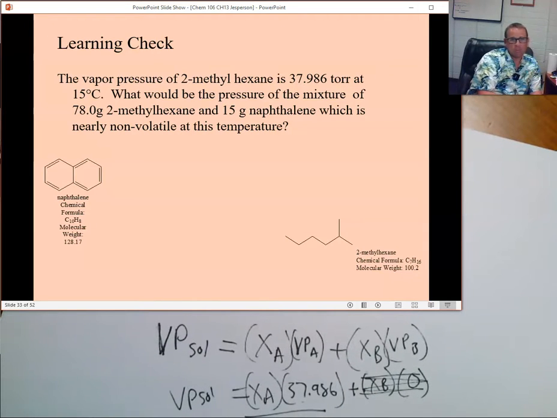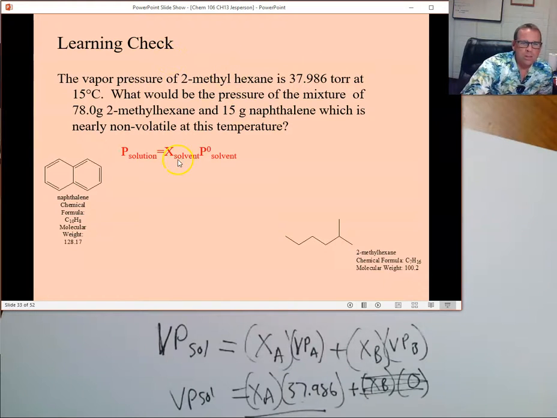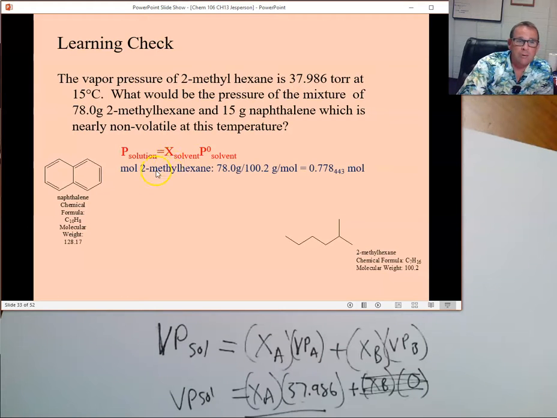So for this problem, we do the exact same thing as before, but we still need to find out what the mole fraction is. So we will have to find out how many moles of the 2-methyl and how many moles of the naphthalene. Add them together, right?